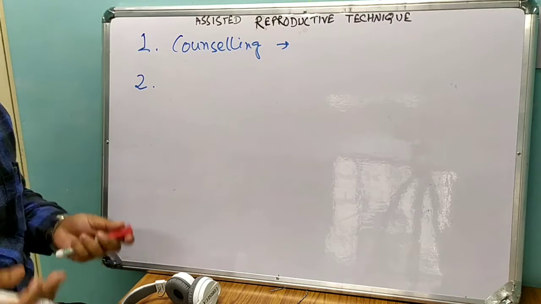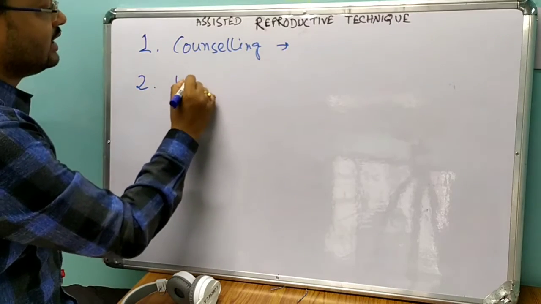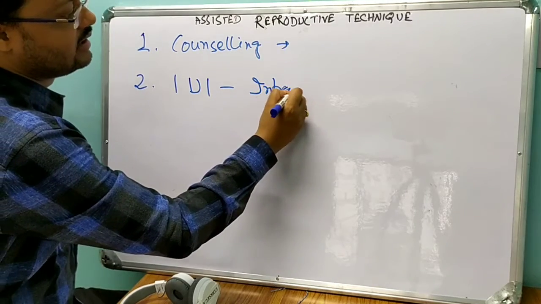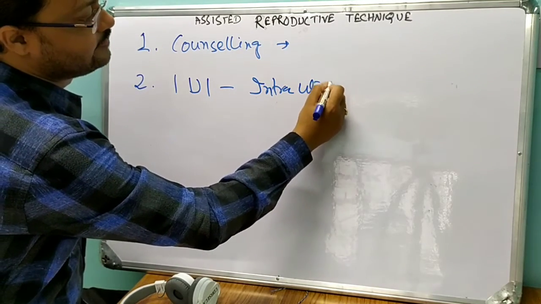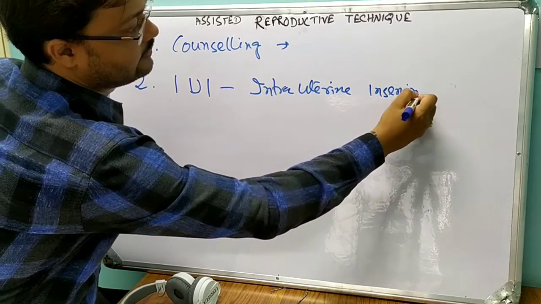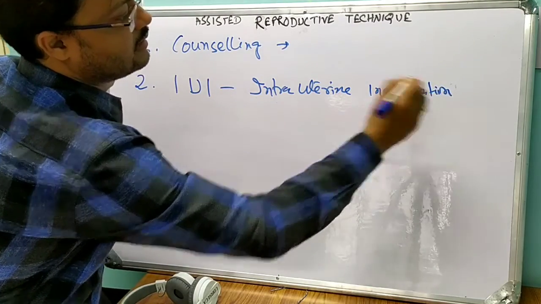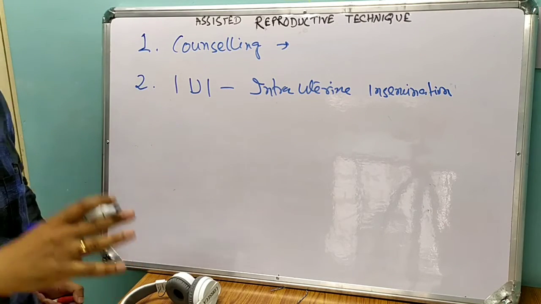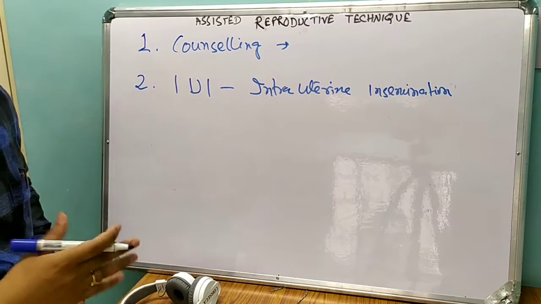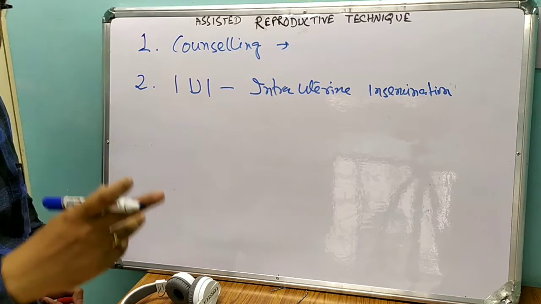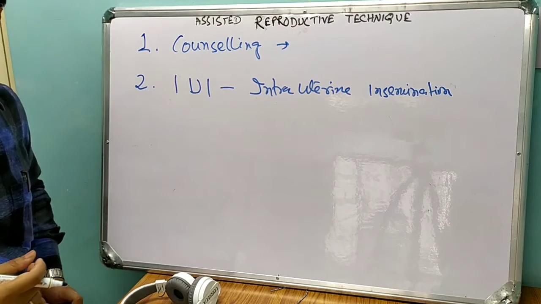So what we do is IUI, that is known as intrauterine insemination. In this case, we collect the semen from the male partner, and we inject it directly inside the uterine cavity.